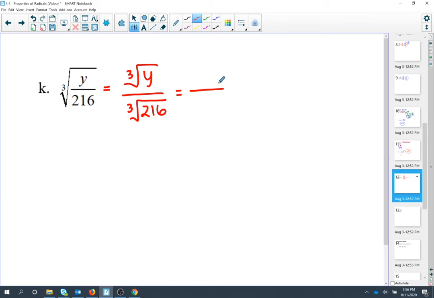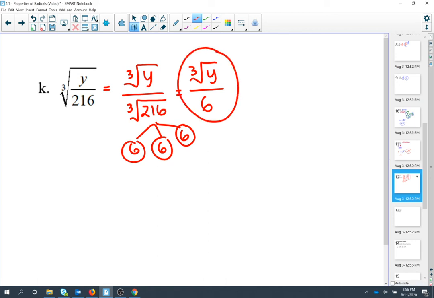Yep. So 216, actually, if you grab your phone and do 6 times 6 times 6, will get you exactly 216. So I know the cube root of 216 is 6. The cube root of y, there's only one y, and you need a group of 3, so nothing's going to happen there. And you're done.